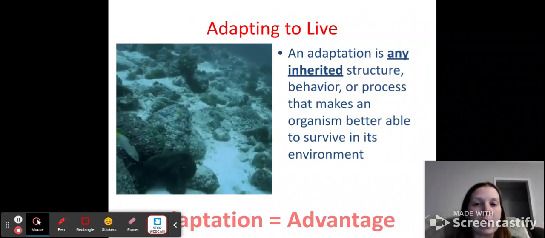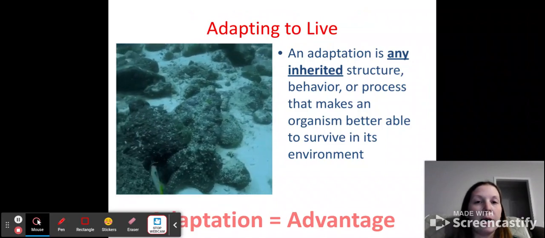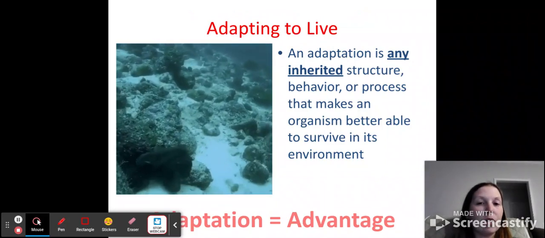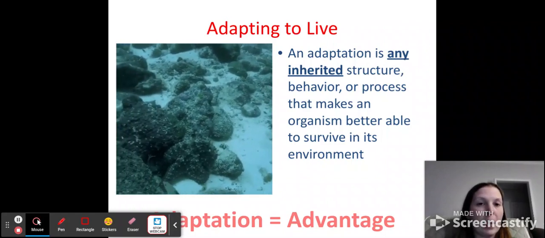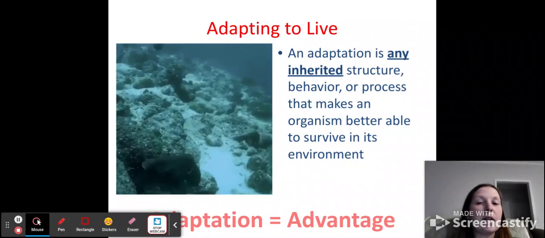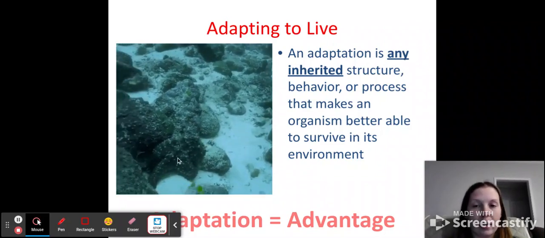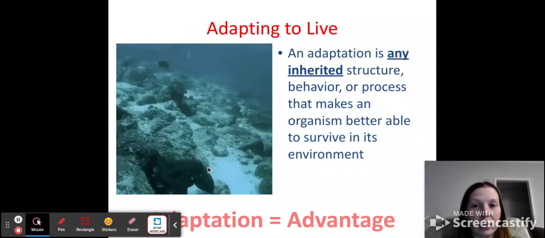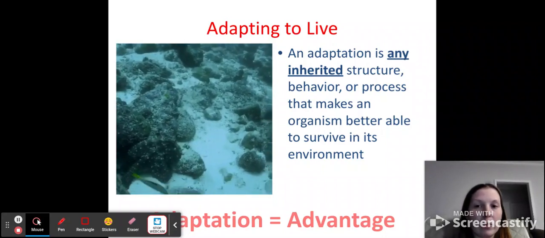You can also have animals that adapt to life. So this is looking at a behavior or a process that makes an organism better able to survive in its environment. And you can see here in this little GIF that I've got, you can watch the octopus change its coloring and camouflage into the rocks on the bottom of the ocean.